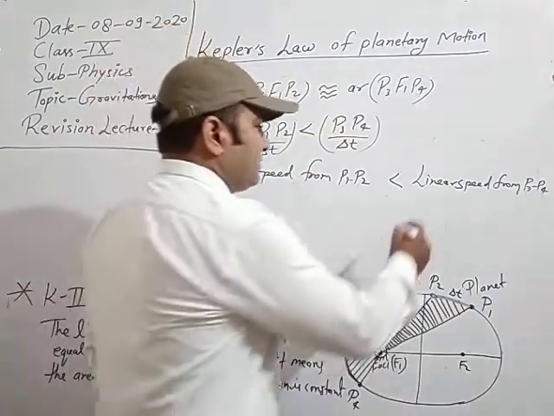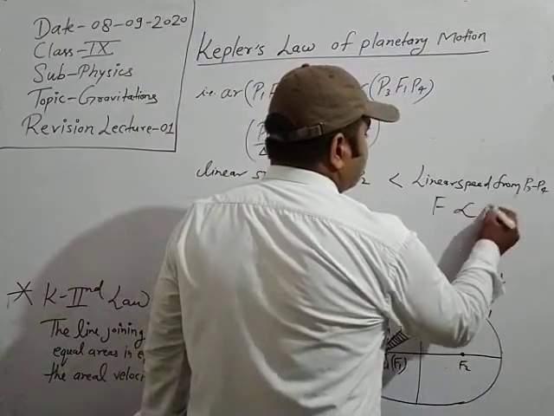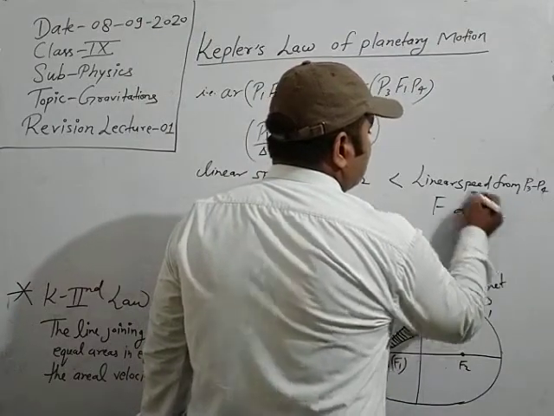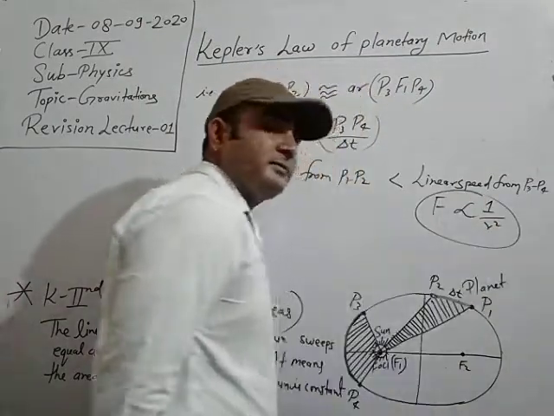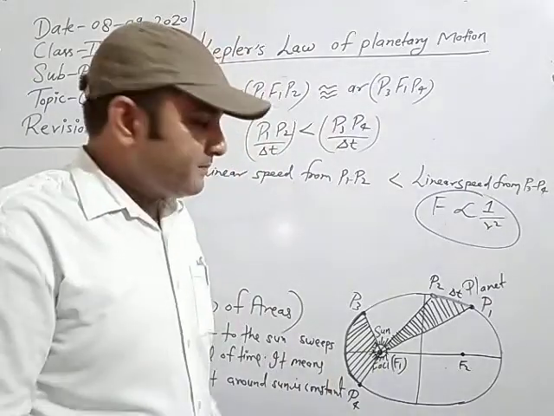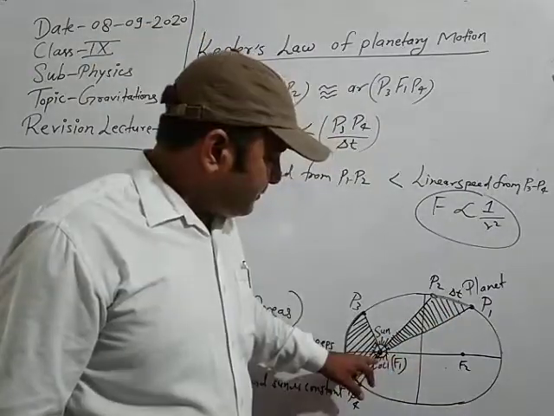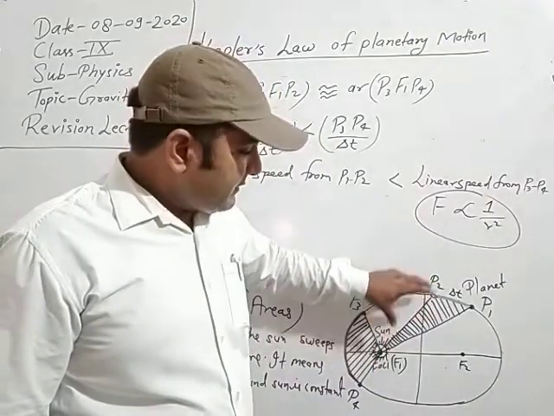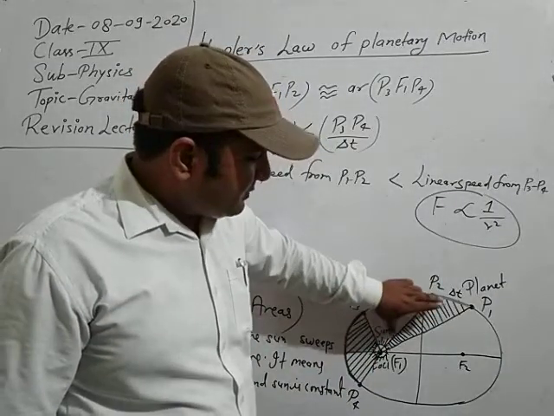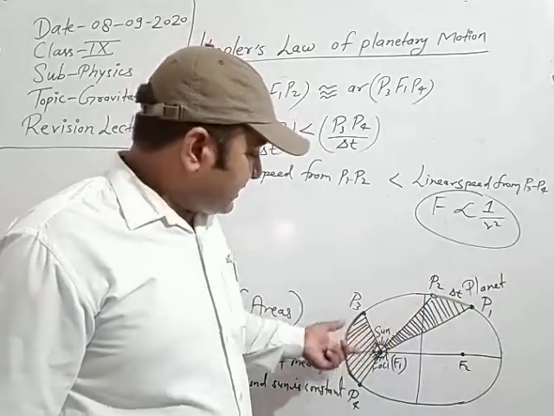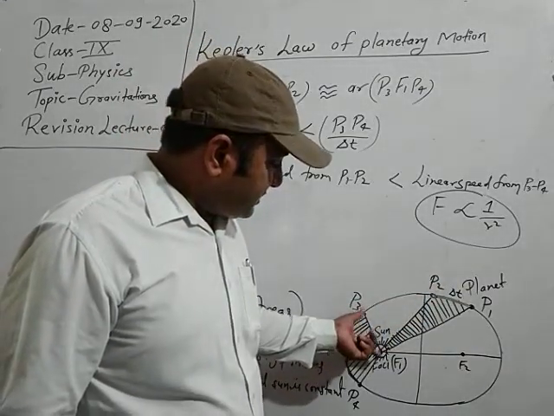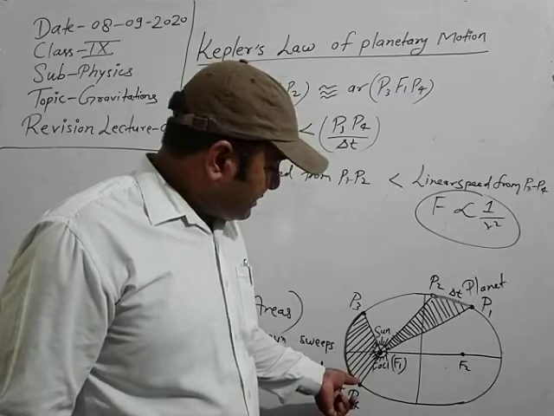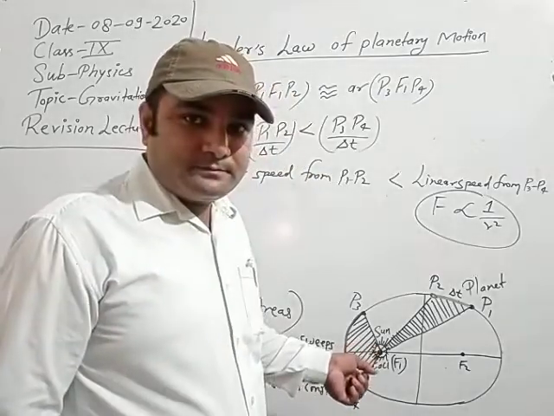Why? Because the force is what? Inversely proportional to the square of the distance between the planet and the sun. Here the average of P1 to F1 or P2 to F1 will be greater than the average of P3 to F1 or P4 to F1.